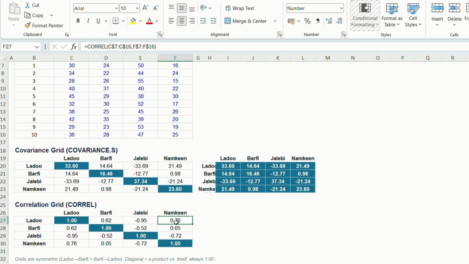So whether you're checking Mira's shop, or you're an analyst checking a fund, do any of the two numbers move together? Can we trust this pattern? There you can have your answer.